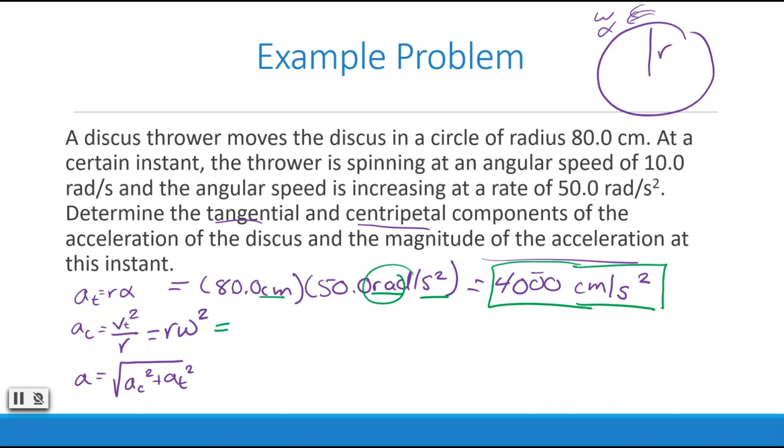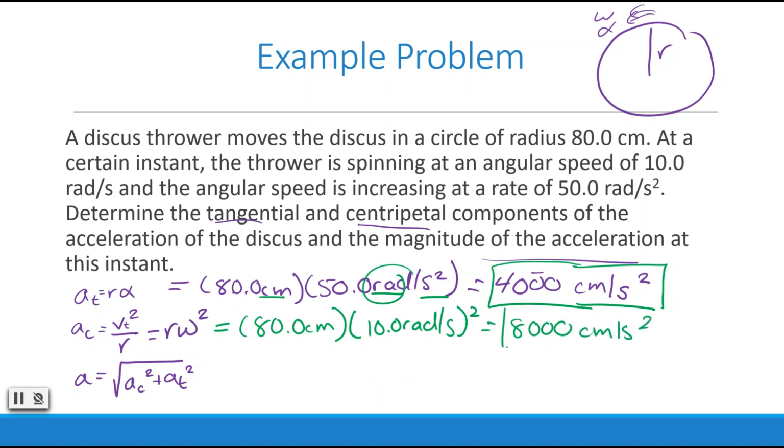Our centripetal acceleration, we're going to use the r omega squared version. Our radius is 80.0 centimeters, and our angular speed is 10.0 radians per second, and we square that. So that's going to give us 8,000 centimeters per second squared. And it's that third one there that's the significant one.